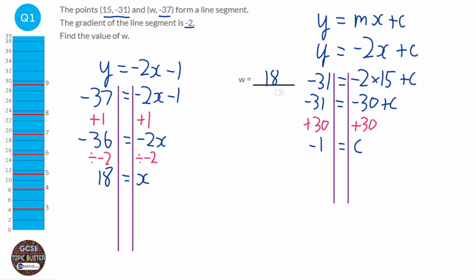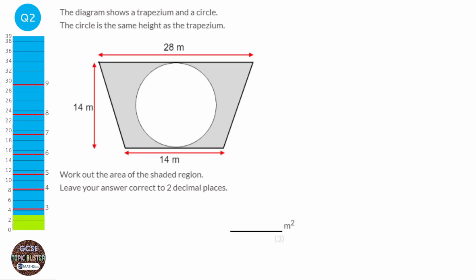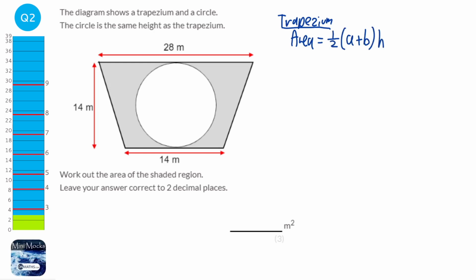So w is 18. So the first thing we're going to do is work out the area of the trapezium. And the formula for that is half brackets a plus b times h. Now a and b have to be the parallel sides. So here we've got the 2 parallel sides, which I'll just pick a different colour, here and here.